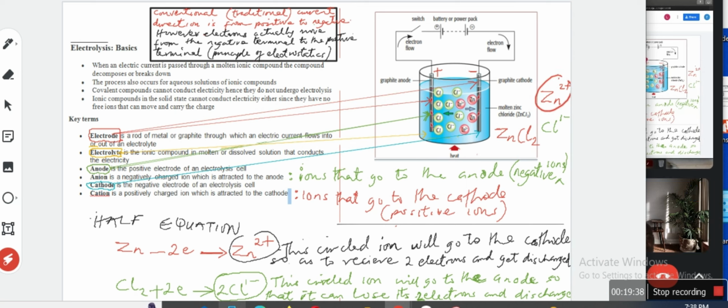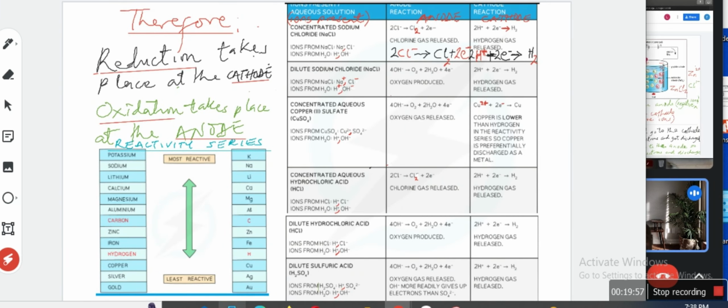It's positive, so it's going to collect electrons at the cathode, isn't it? It's going to reduce, to become discharged. So reduction occurs at the cathode. It's a bit technical, but if you think deeply, you will understand that.